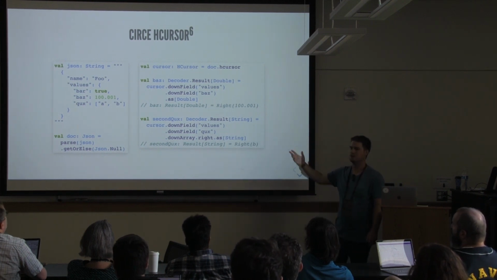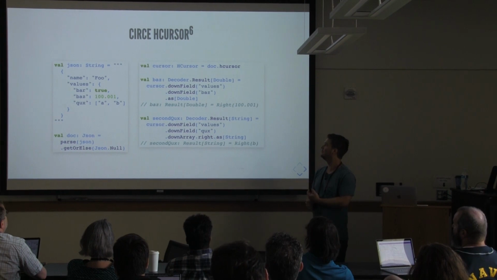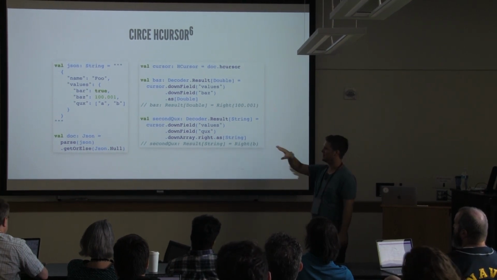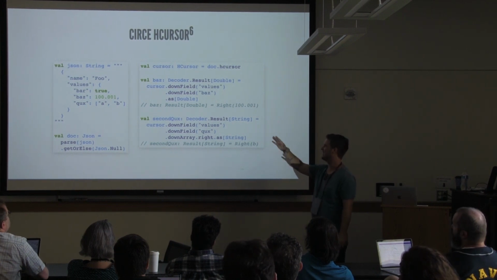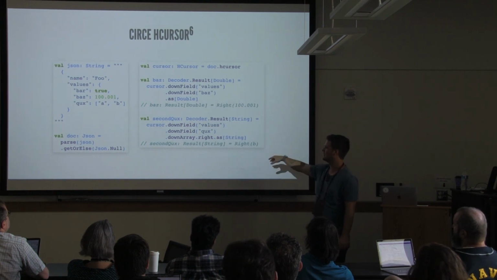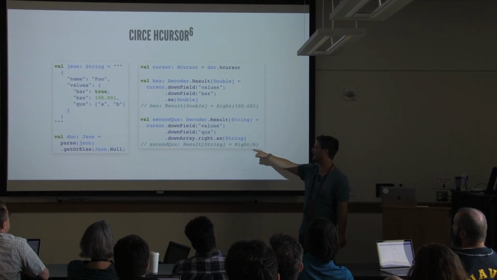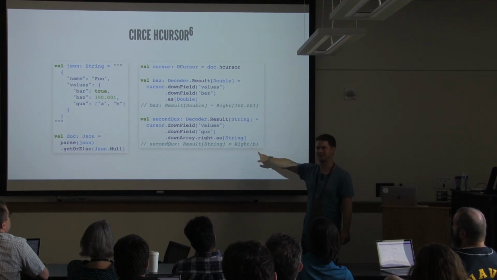And here's an example of using this HCursor. You see we have downField of values, which is descending the structure, and downField of baz, and then we extract that out as a double. Similarly here, we even descend into the quux array and move right to get B, which is the second element.